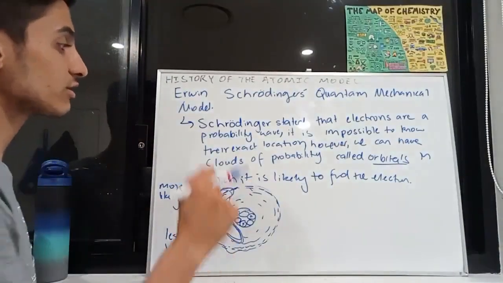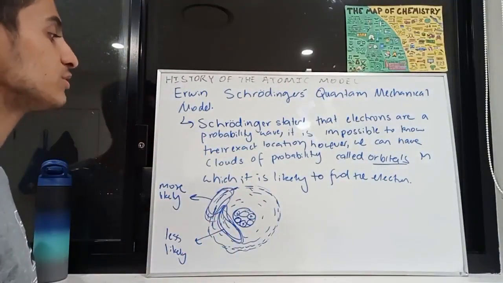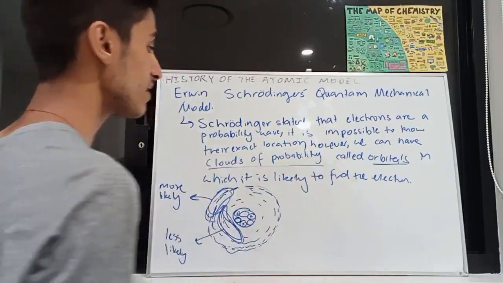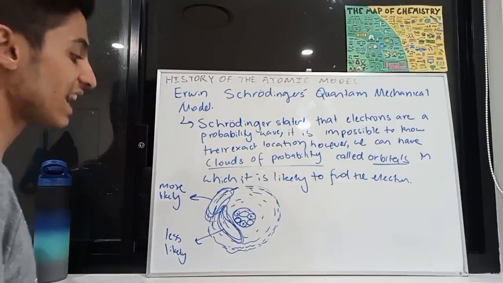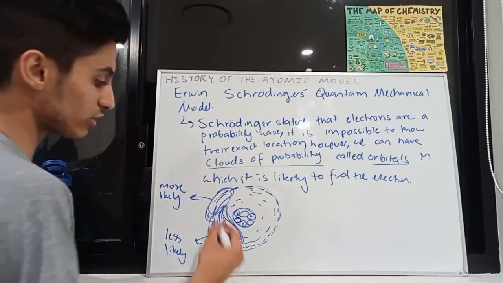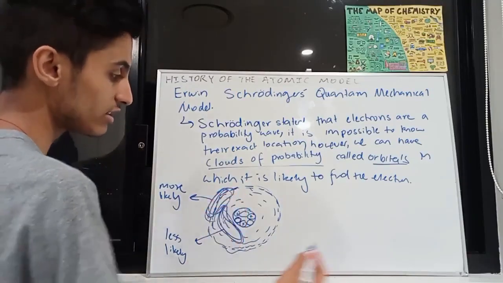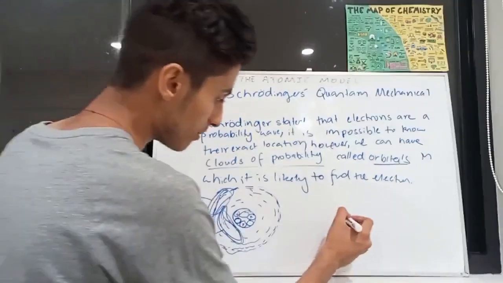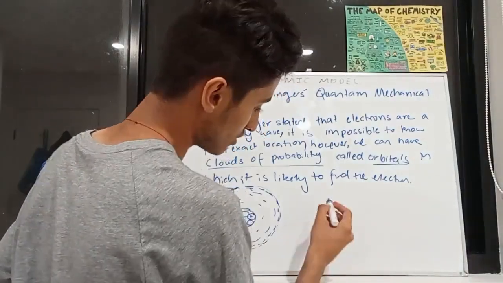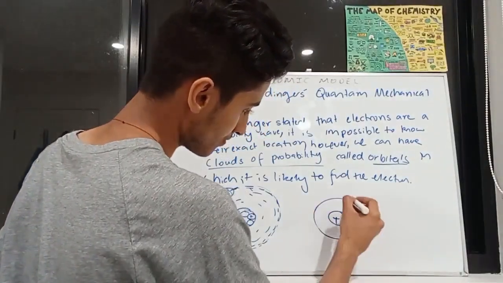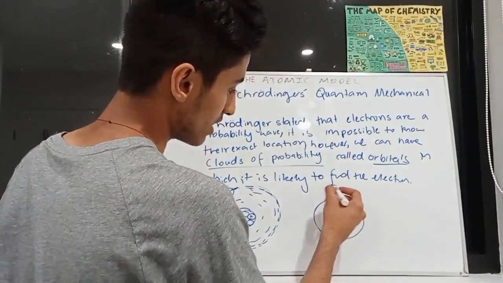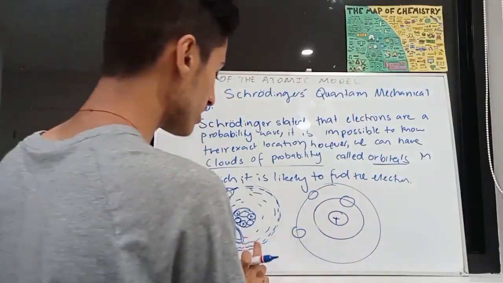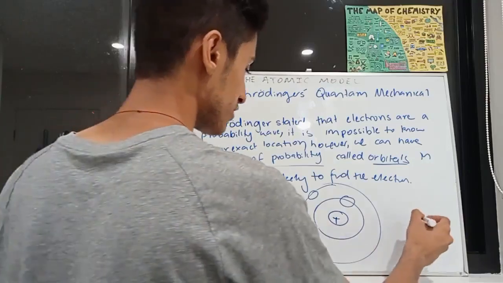Schrödinger stated that electrons are a probability wave. It is impossible to know their exact location. However, we can have clouds of probability called orbitals in which it is likely to find the electron. So coming back to the planetary model, if this was a positively charged nucleus, we'd have different orbitals, right? It's similar with the Schrödinger model.